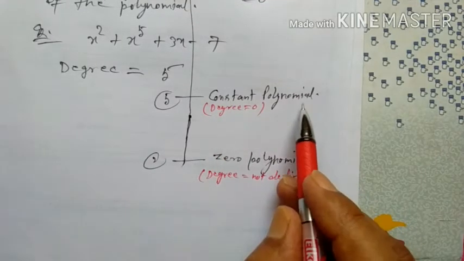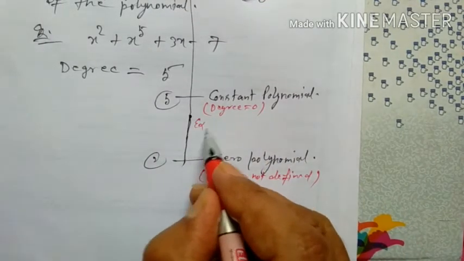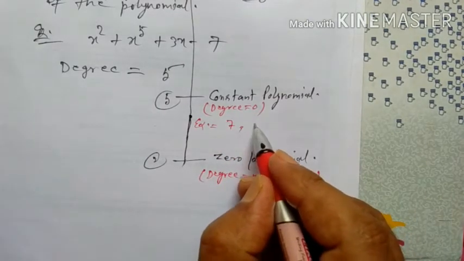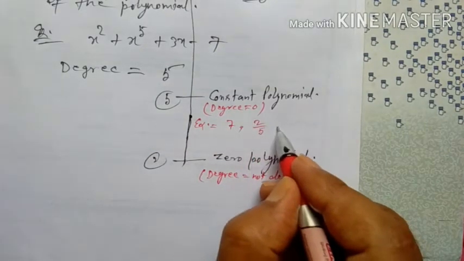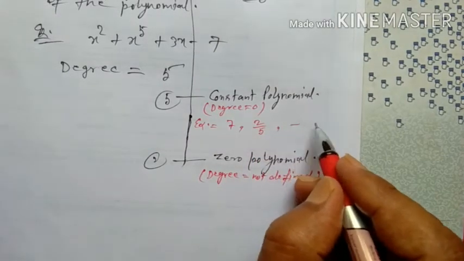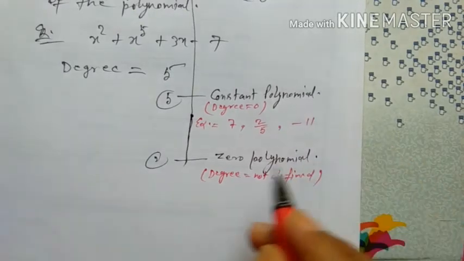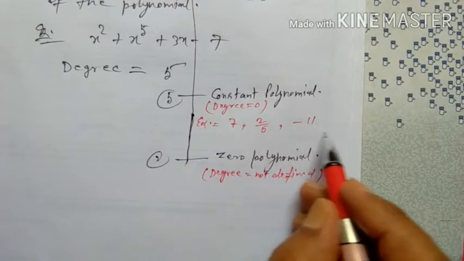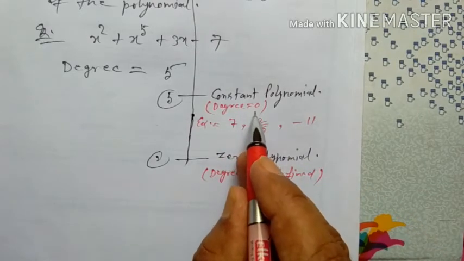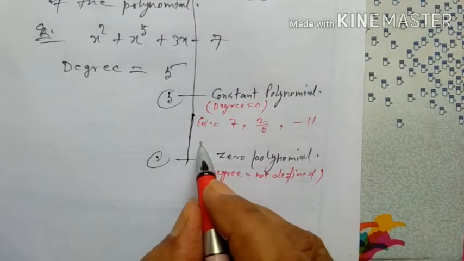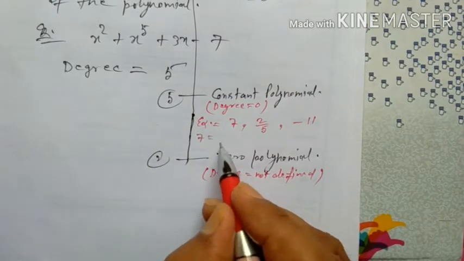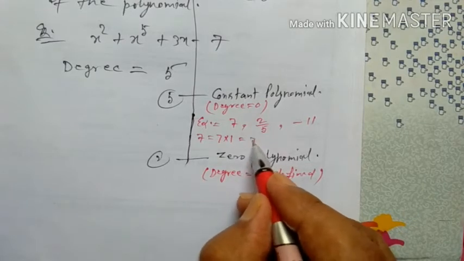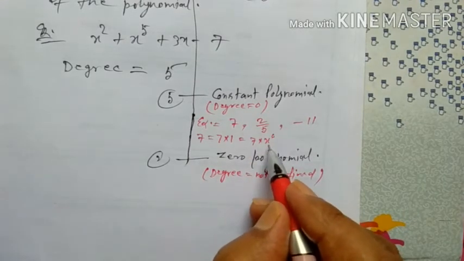Examples of constant polynomial are 7, 2 by 5, minus 11, etc. The degree of all these constant polynomials is 0 because 7 is written as 7 into 1 equal to 7 into x power 0.